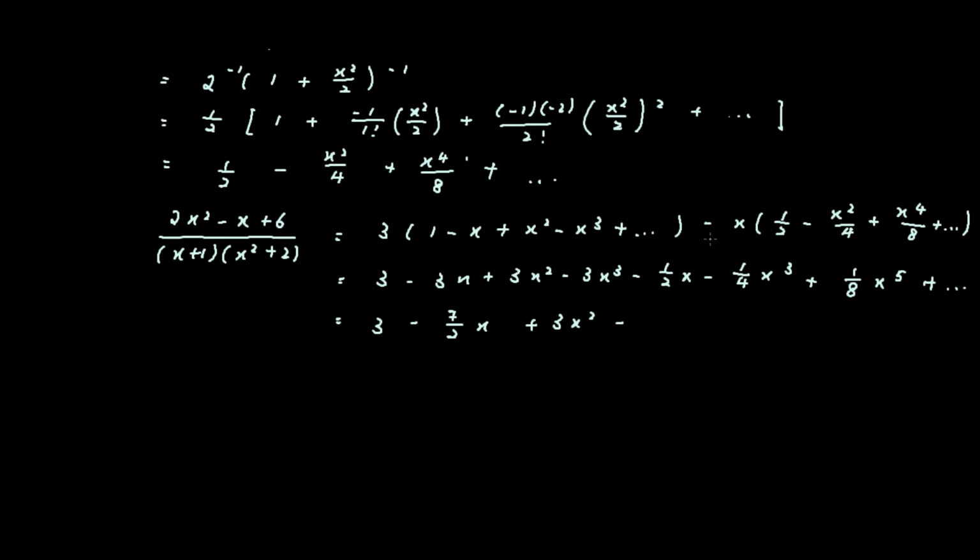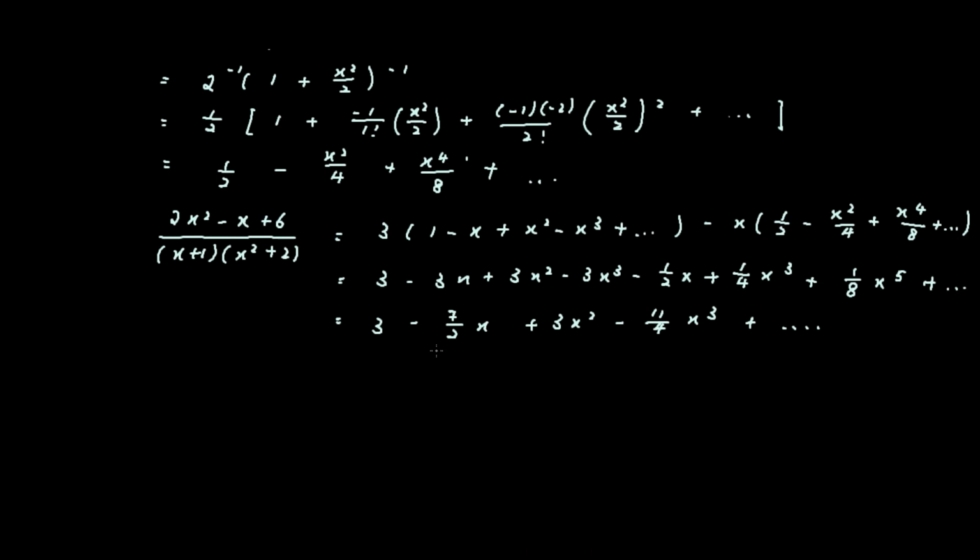Is it plus? Oh, sorry, this is plus. Negative. Okay, so you get negative 3, 12, so 11 over 4 x cubed. So since the last one is x5, which is more than what we want already, so this will be your last answer.